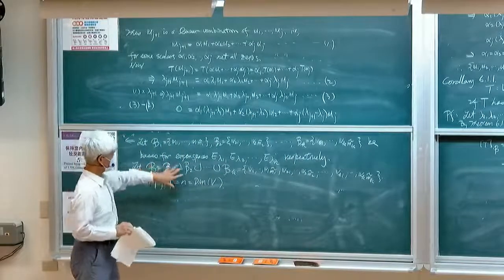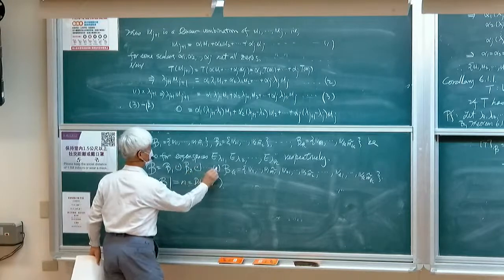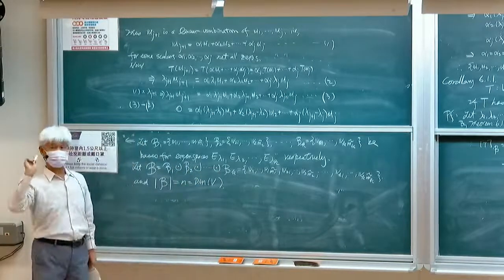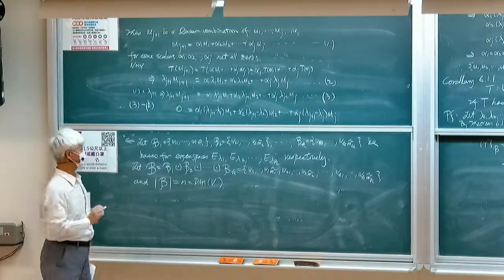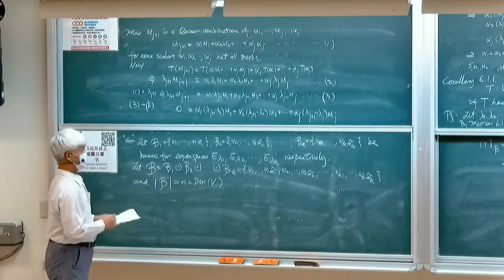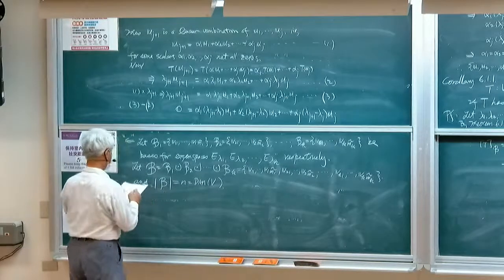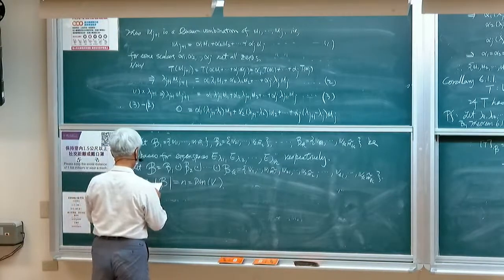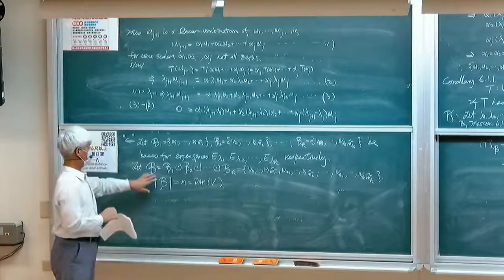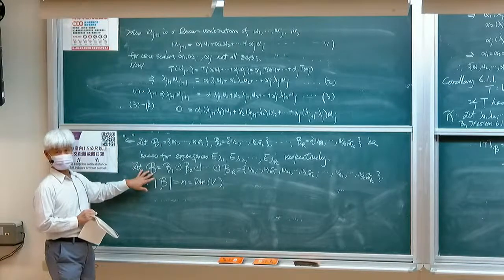And so when we take the union, it is a disjoint union. Sometimes I put a symbol here that means disjoint union. And so the size is n. The only thing left is that now I want to prove that the B set is a linearly independent set.